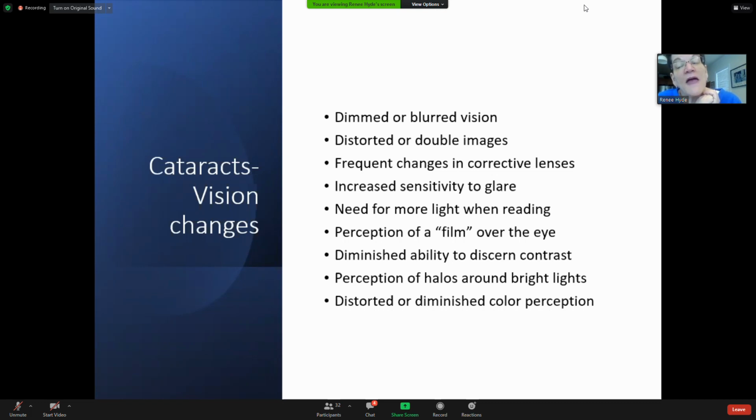Often they will have halos or rings around bright lights. And those LED automobile lights basically will throw them into a tizzy because they can't see. Typically with cataracts, you get diminished color perception as well.